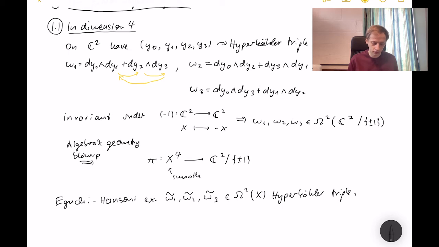And that sense is that, well, if you push forward omega i twiddle and compare it with omega i, the difference is of order r to the minus 4, where r is the distance to 0 in C2 mod plus minus 1. And this is true as r goes to infinity.